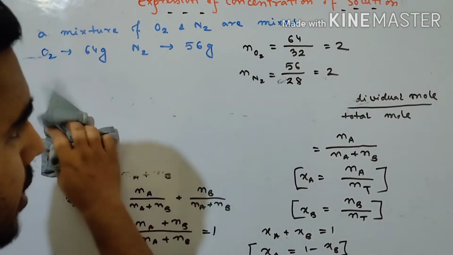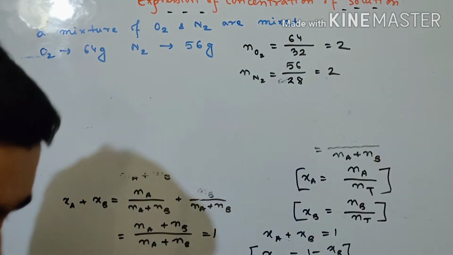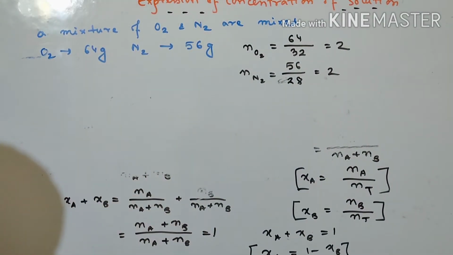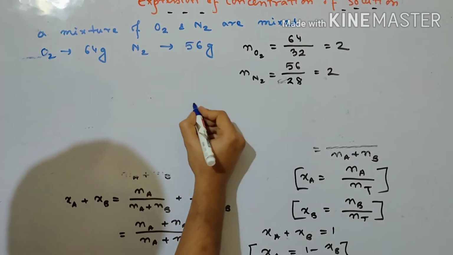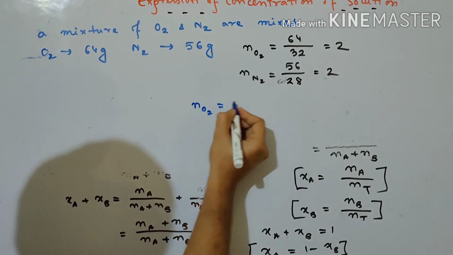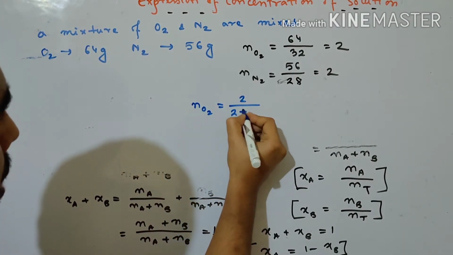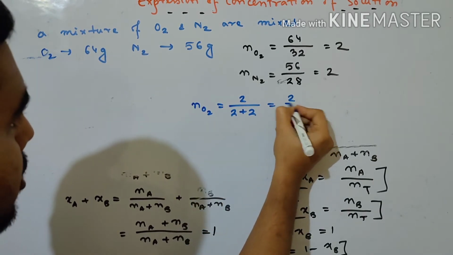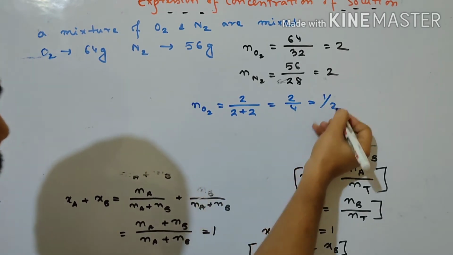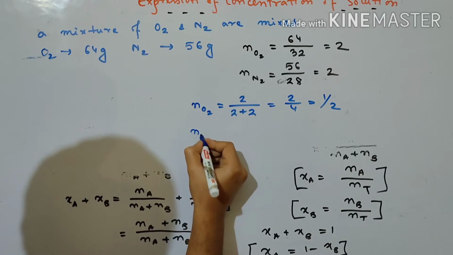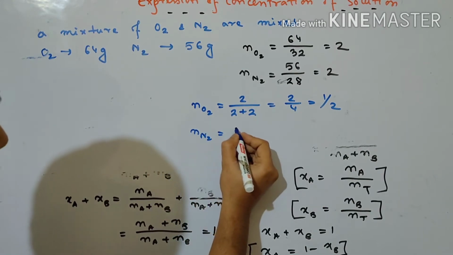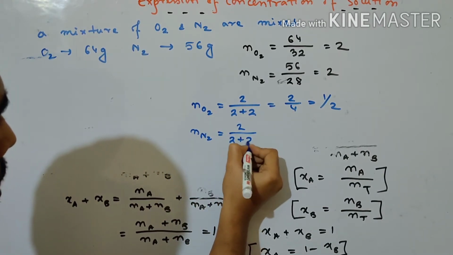Now we are going to apply the formula. In case of oxygen, N of O2 should be 2 by 2 plus 2. So it should be 2 by 4, which is 1 by 2. And in case of N2, it should be the same thing, 2 divided by 2 plus 2.